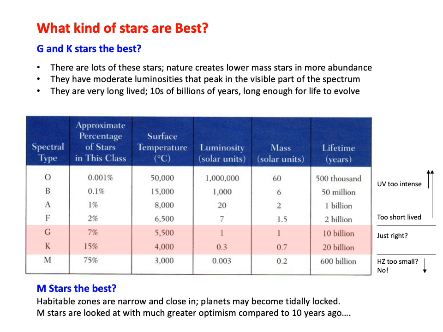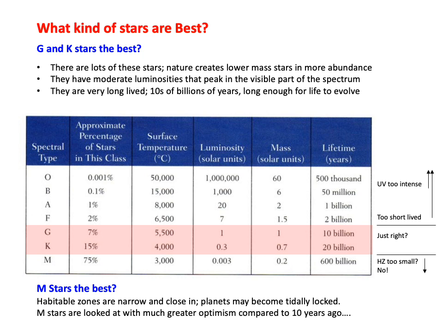environment. M stars, we've always thought in the past, were probably just not enough energy coming off of them, and the habitable zones would be too small and too close to the star. And so the conventional wisdom was that M stars won't be quite as good as G stars and K stars, and probably G stars are the best, right?